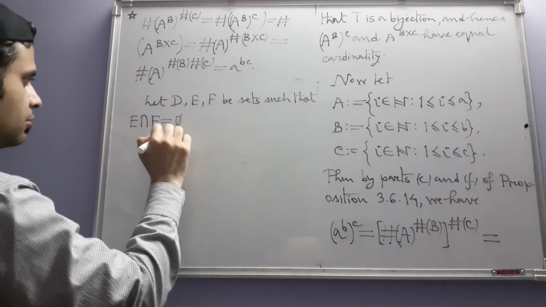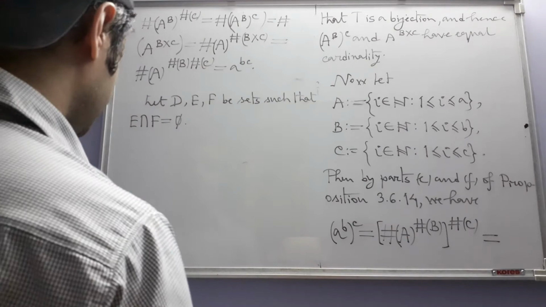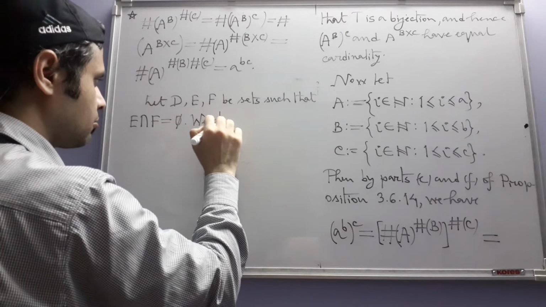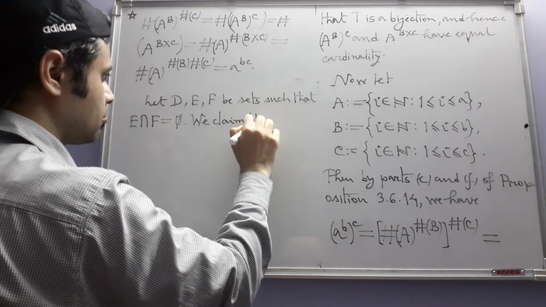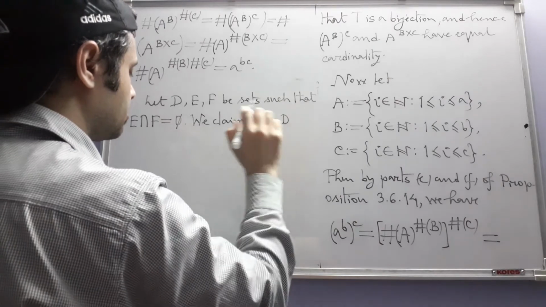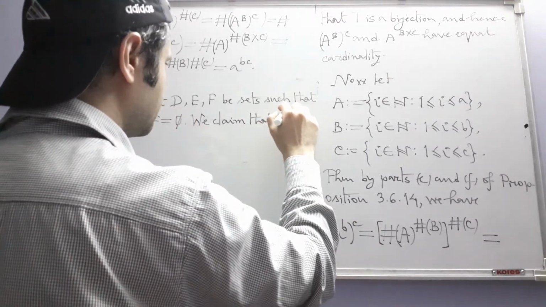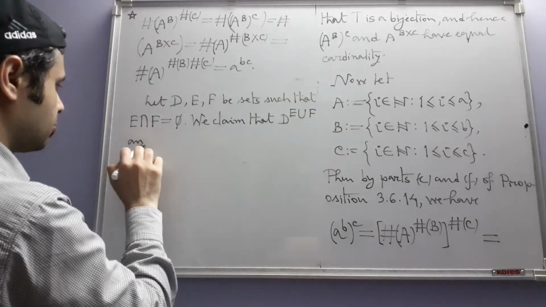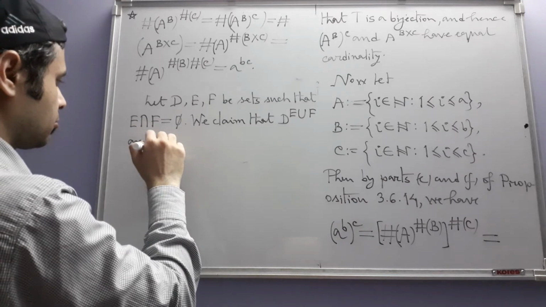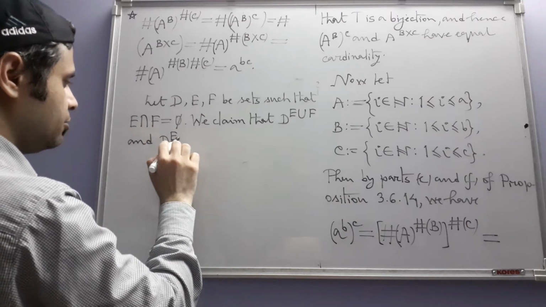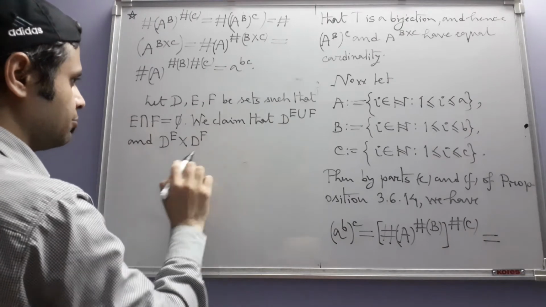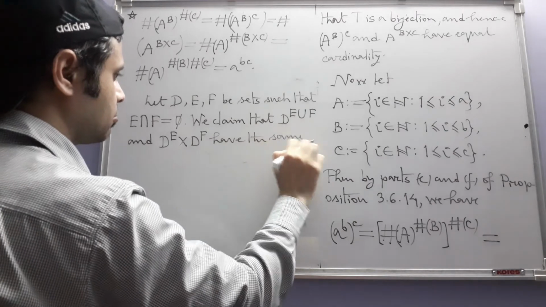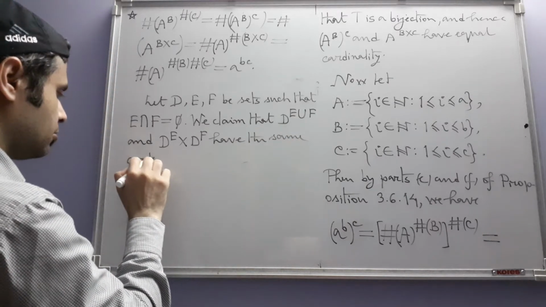We claim that D to the power E union F and D to the power E cross D to the power F have the same cardinality. This is our claim.